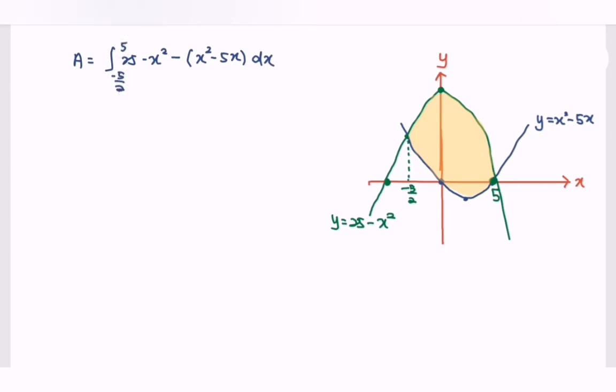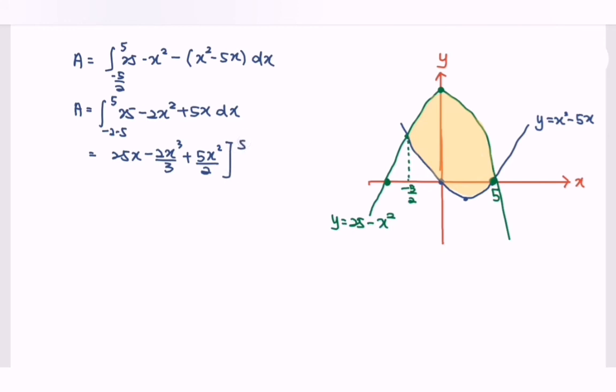Kindly simplify. The area A equals the integral of 25 minus 2x squared plus 5x with respect to x for the limit negative 2.5 until 5. Next, integrate: we will have 25x minus 2x cubed over 3 plus 5x squared over 2 with the limit 5, negative 2.5.